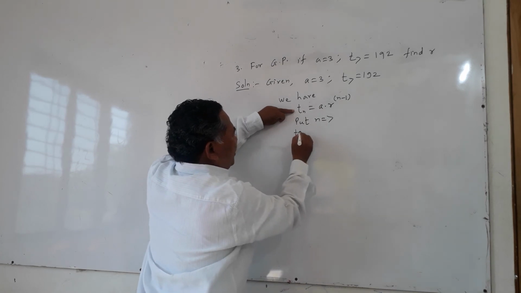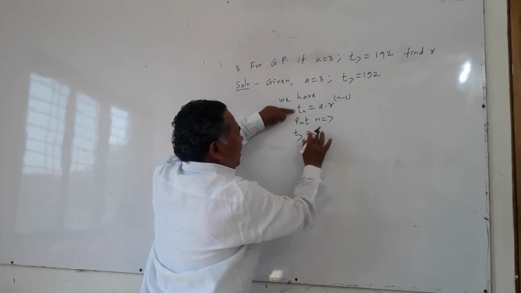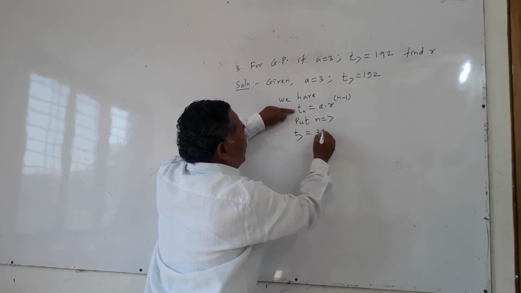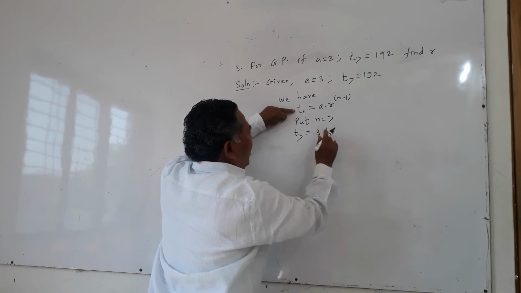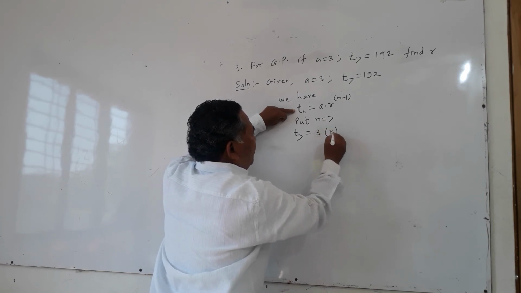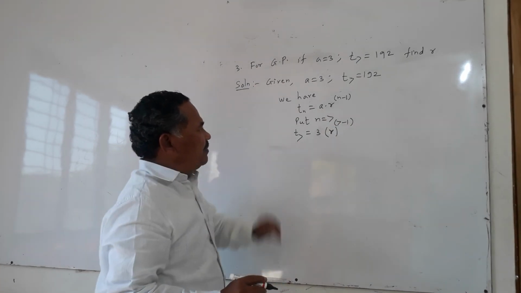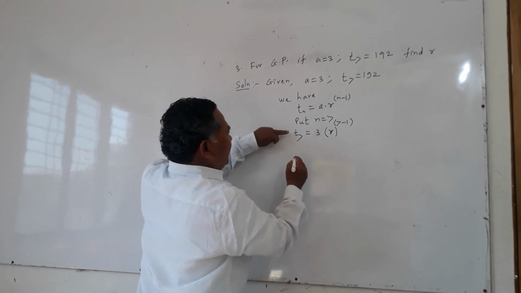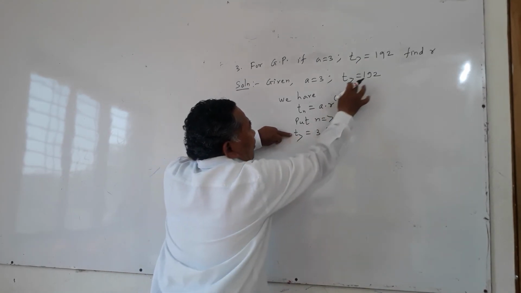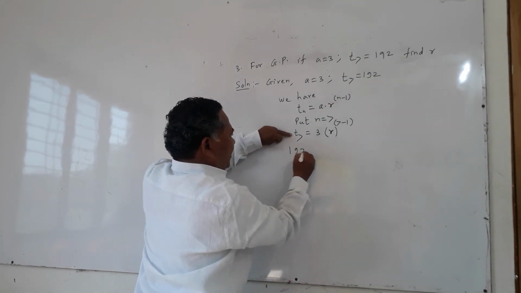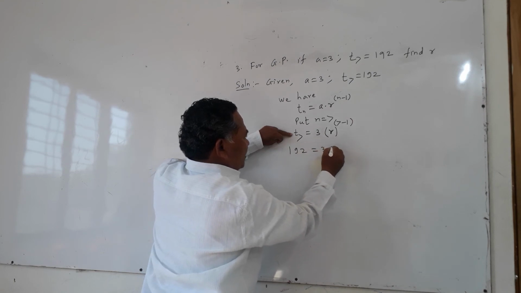Therefore t7 equal to a, which is 3, into r, which we have to determine, raised to 7 minus 1. Then t7, already given as 192, equals 3 into r to the 6.